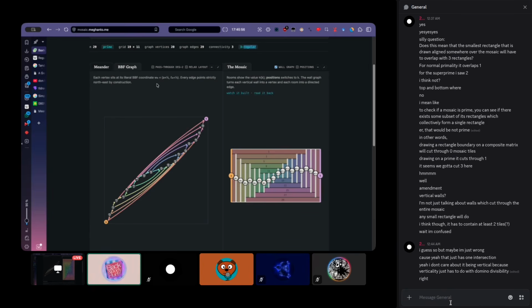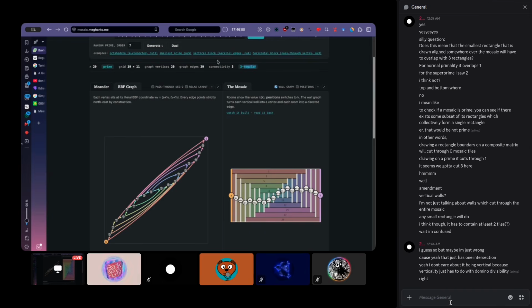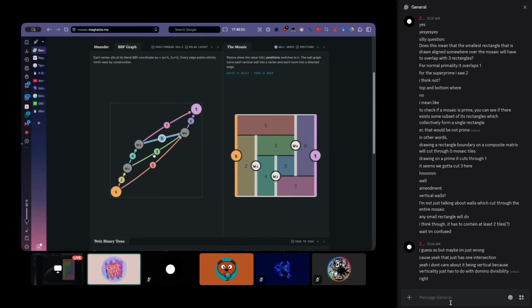So the vertical walls and the horizontal walls are actually the dual of these two graphs. This is the graph for the vertical walls, and the dual of this graph would be the horizontal walls, where the faces are the vertices and the vertices are the edges. So there's a lot of symmetry and duals going on here.